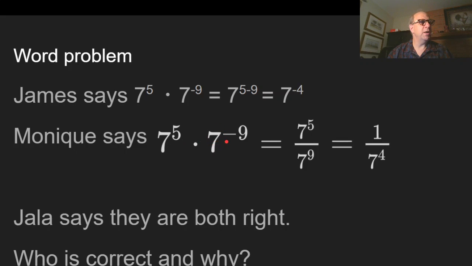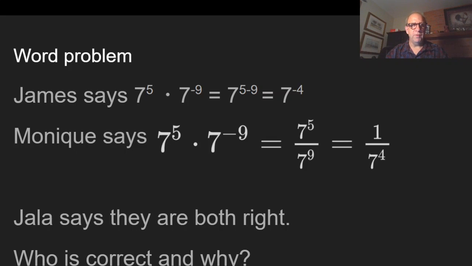But 7 to the negative 9th can be written as 1 over 7 to the 9th. So this is 7 to the 5th times 1 over 7 to the 9th, which would be 7 to the 5th over 7 to the 9th. And 7 times 7 times 7 times 7 times 7 over 7 times 7 times 7 times 7 times 7 times 7 times 7.